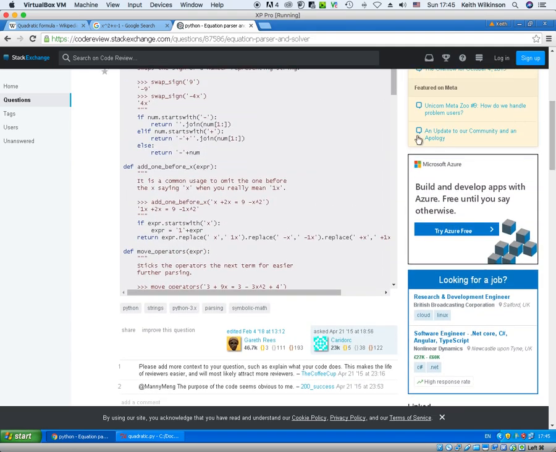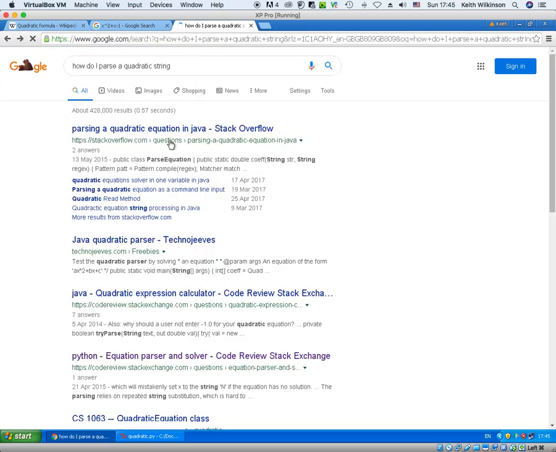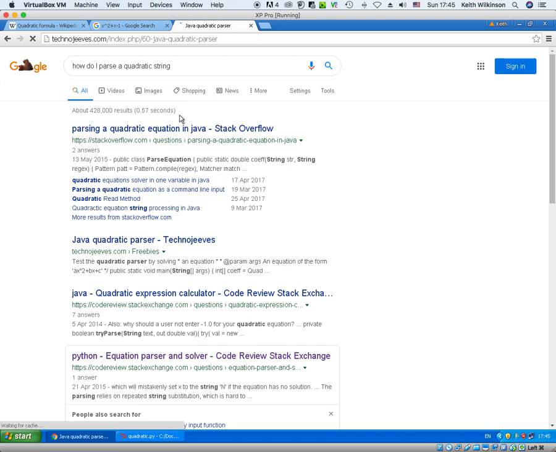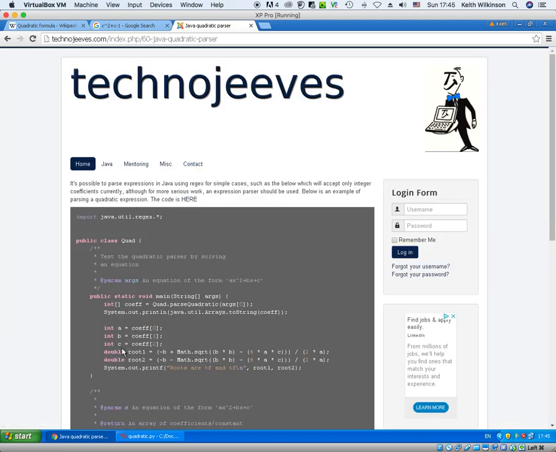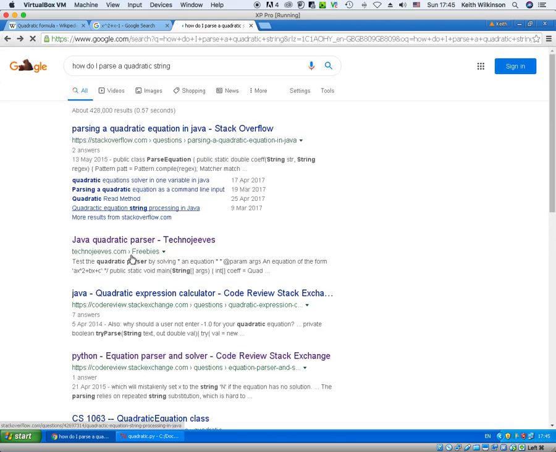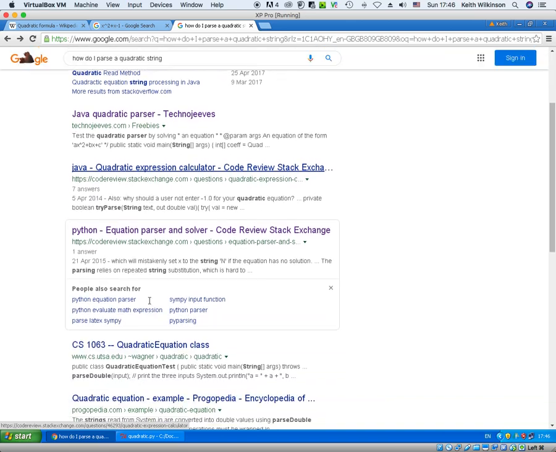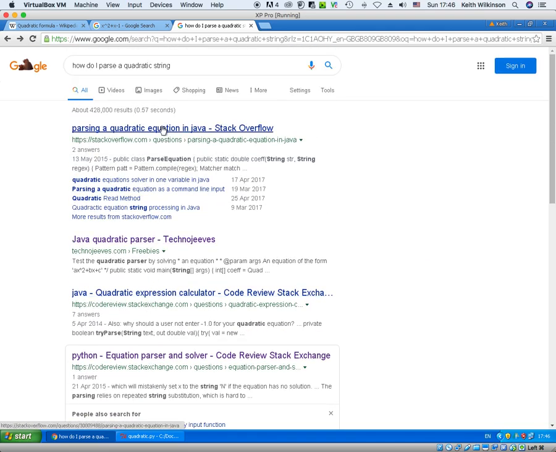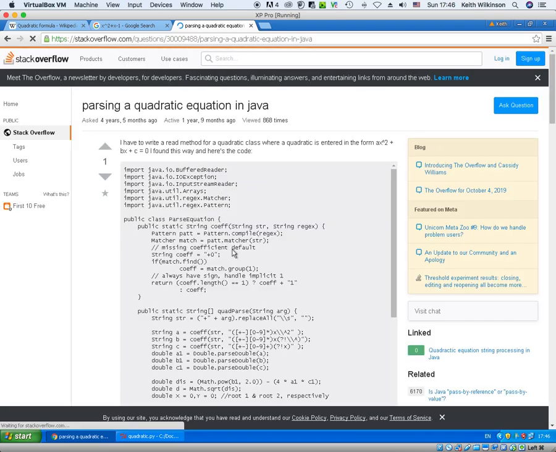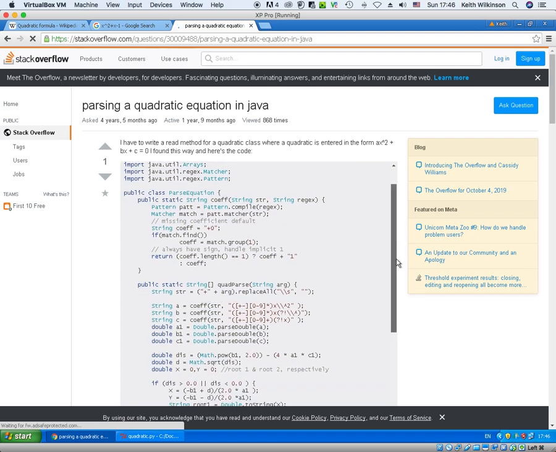It doesn't give me what I was looking for, so let's go and take a look at the Java one. Yeah, again we're looking at just using A, B's and C's down here, so it's trying to direct you away from actually entering in quadratics. It gets really complicated.